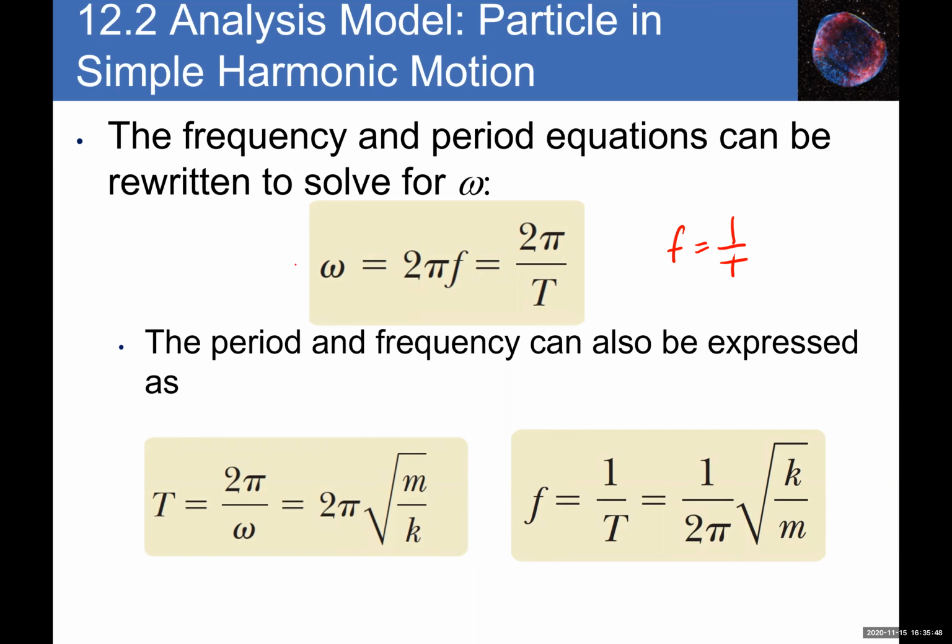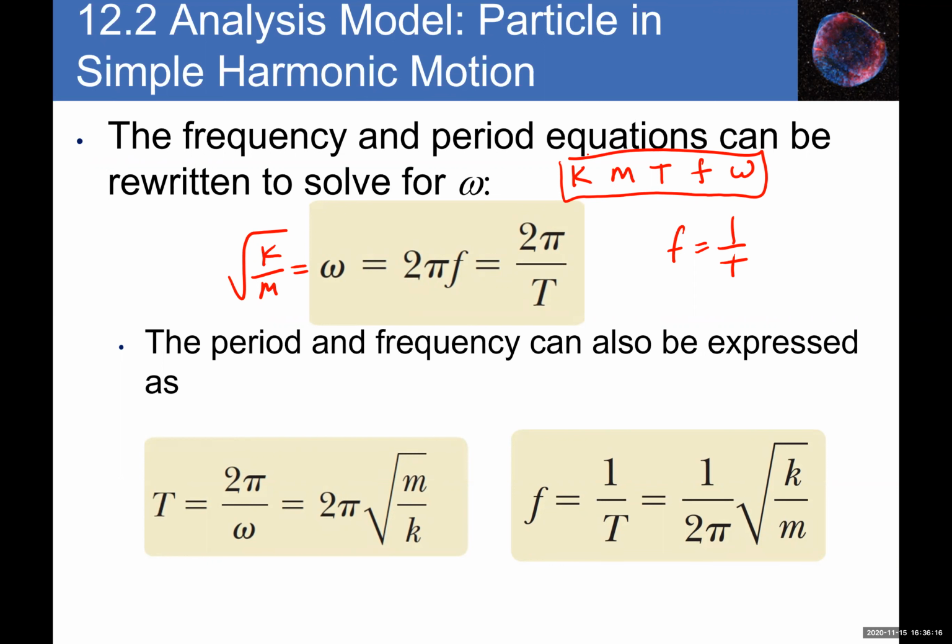Also, omega equals square root of k over m. So you have spring constant k, mass of the block, period, linear frequency, angular frequency, and this slide shows how all of those can be related to one another. So the more variables you have, the easier it is to work with, because if I give you any two, you can find the rest of them.